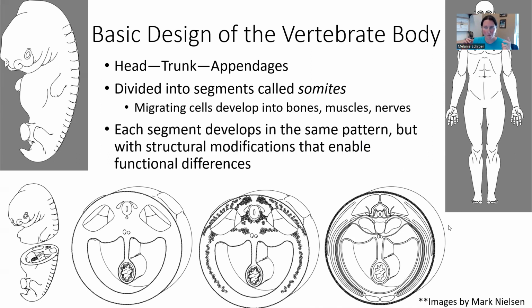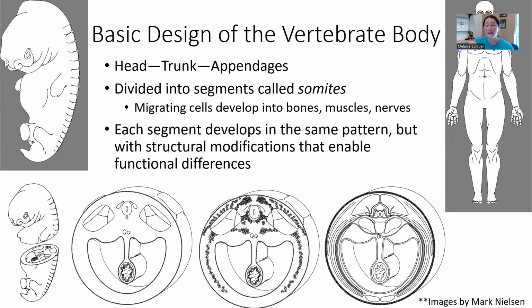You might be thinking, why is she bringing this up? Well, each segment develops in the same exact pattern. So instead of memorizing the structures within this segment and those within that segment, we can learn the general pattern and then look for that pattern all throughout the torso, and even beyond a little bit later this semester.